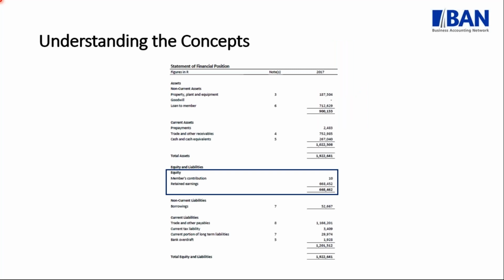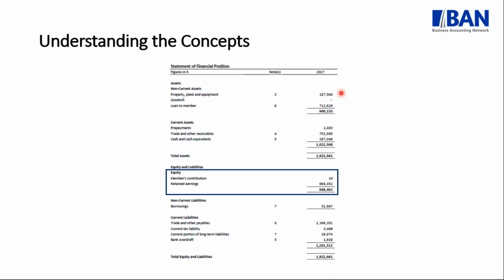Just to show you and put it into a little bit more context in terms of solvency, this is another extract from a statement of financial position or a set of financial statements. And in this case, I'm going to draw your attention to this middle part of the balance sheet, which is your equity. Now, your equity is a representation of the book value of your business.